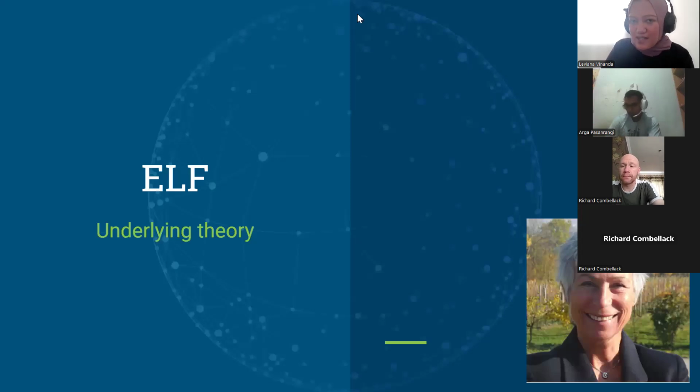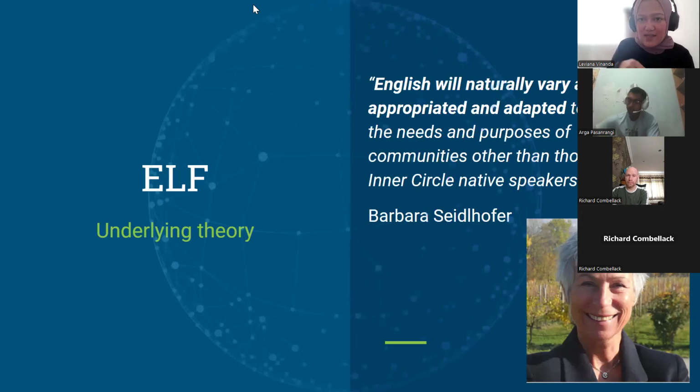This is Barbara Seidlhofer, one of the godmothers of the research in English as a lingua franca. And she said, English will naturally vary as it is appropriated and adapted to serve the needs and purposes of communities other than those of inner circle native speakers.